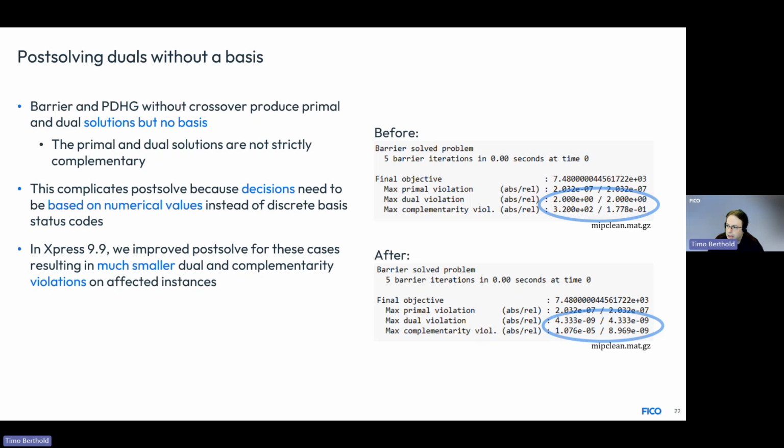In the past this has caused problems in post-solve, which traditionally assumes clean complementarity to determine which variables go basic or nonbasic and how to assign the duals. So we've now improved how dual variables are allocated during post-solve when reversing presolve reductions, specifically to minimize complementarity violations. The result is a much better dual solution quality, not because Barrier was finding wrong solutions, but because we are now assigning dual values more carefully during post-solve.